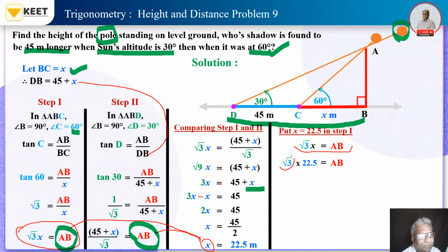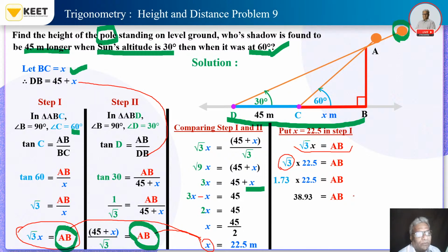Now substitute the value of root 3 also, which is a standard value, 1.73. So that is 1.73 into 22.5 is equal to AB. Simple multiplication, you will get 38.93 is equal to AB.